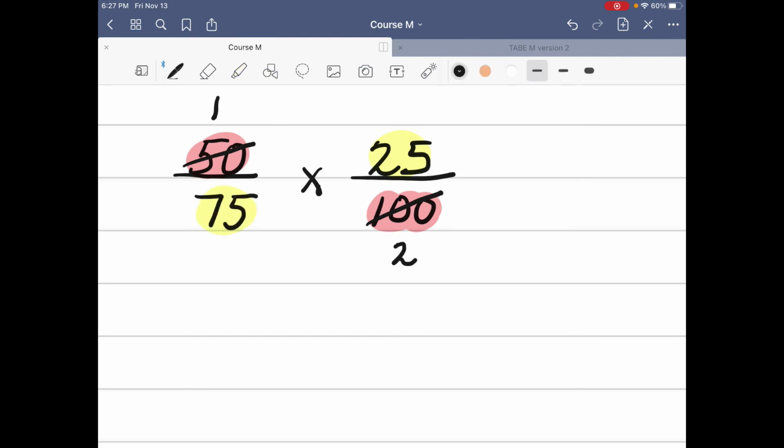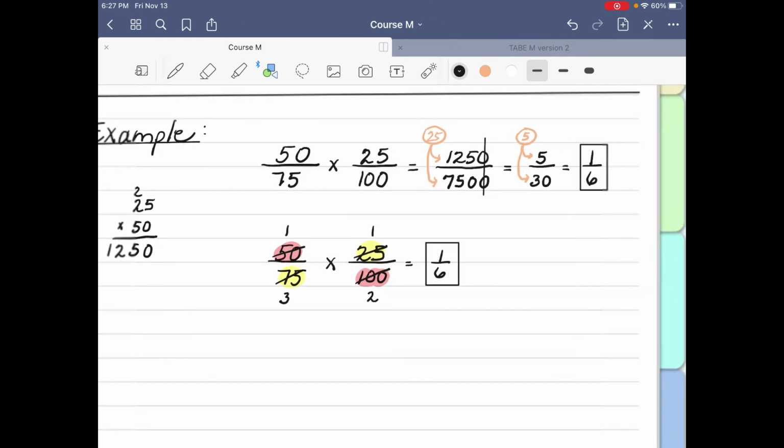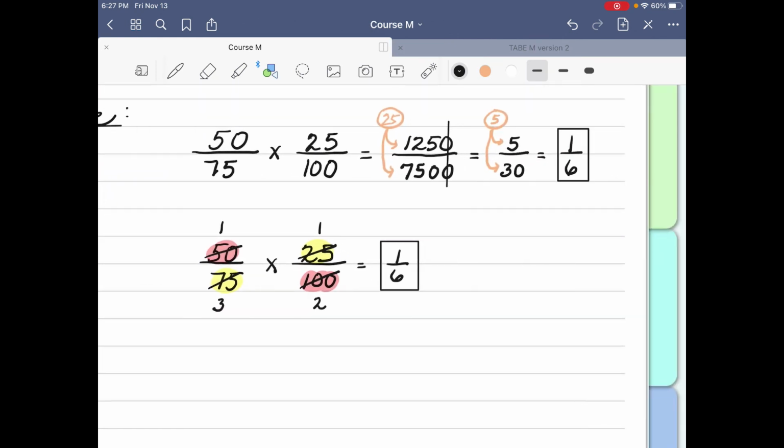Think of money. I can divide that by 25. 25 into itself and then 25 into 75. And look at this. Top times top, bottom times bottom, and there is that 1/6 that I know to be the answer. So either way works fine.